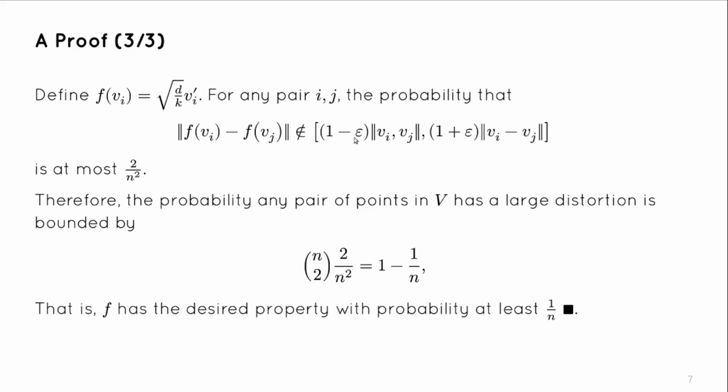Why? Because it's the probability that we're both below that interval and above that interval.